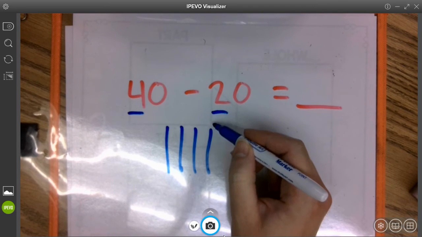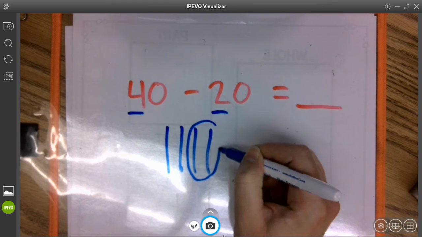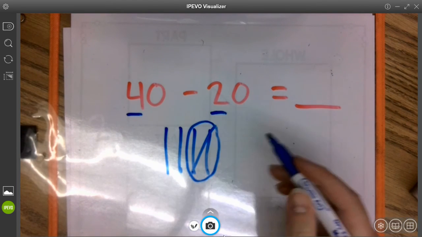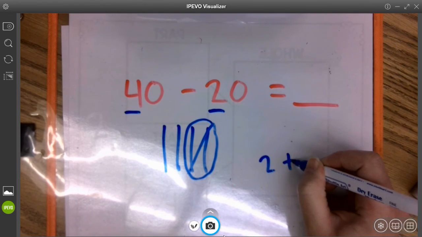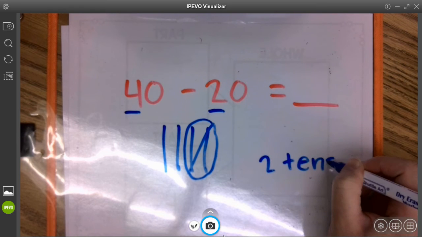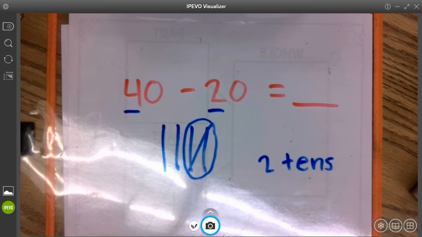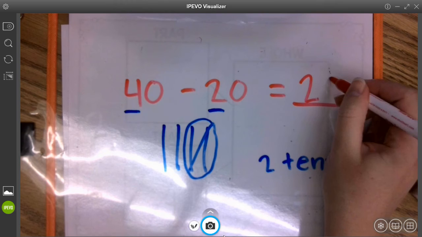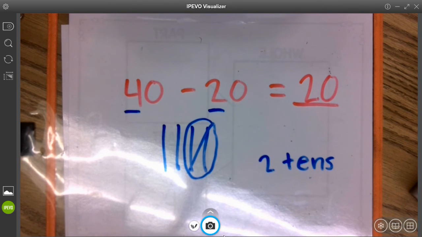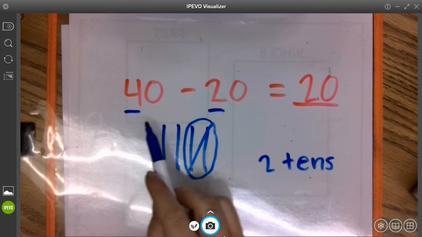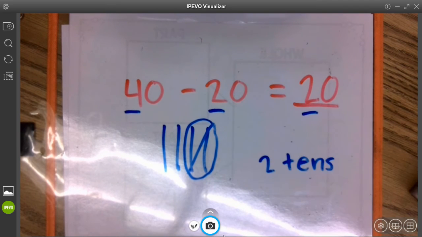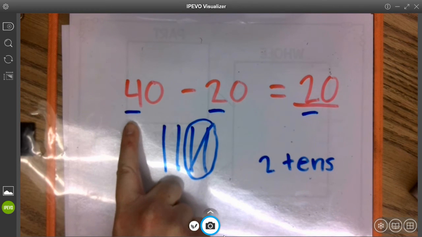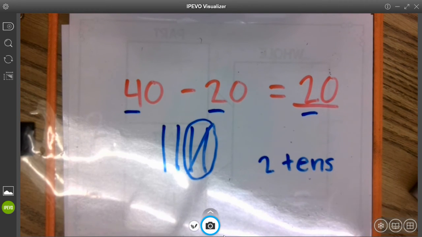Notice I drew them as sticks or tens. Minus 2, I'm left with 2 tens. And what number is that? 20. 4 minus 2 equals 2, just like it always has. We're just turning our focus to tens instead of ones.